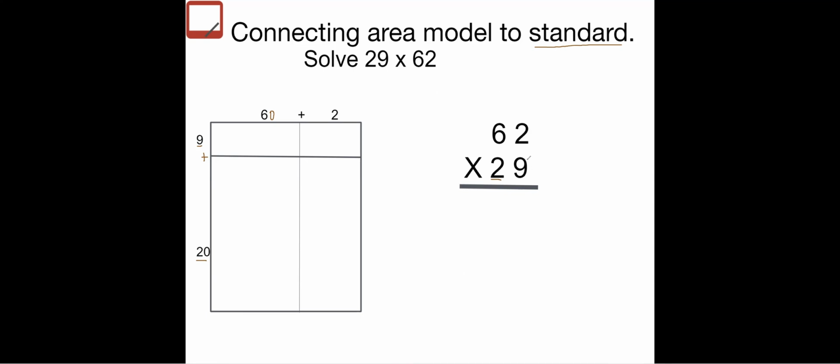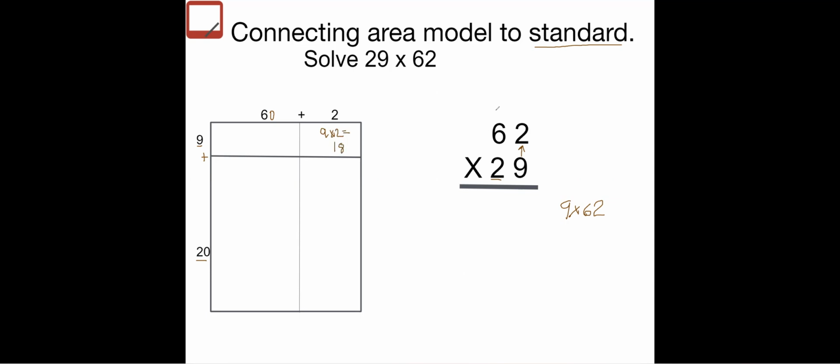So we'll multiply first 9 times 62. We'll start with 9 times 2, which is 18. So we're going to start here at 9 times 2, which equals 18.